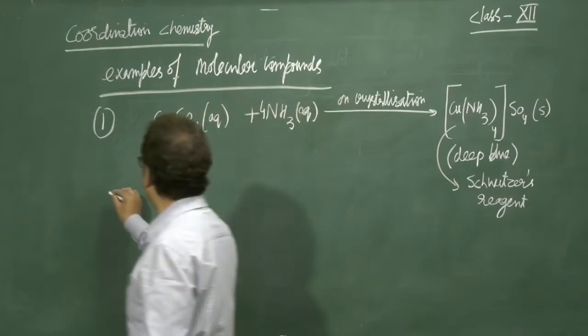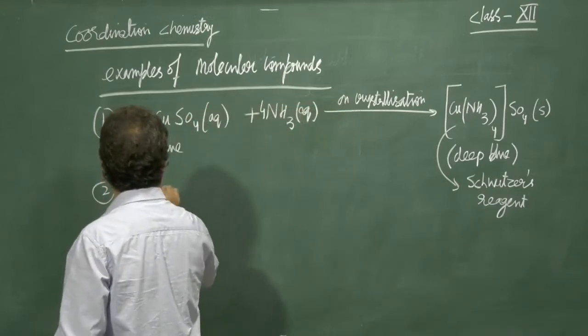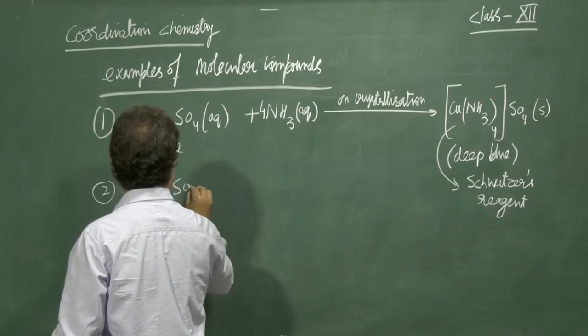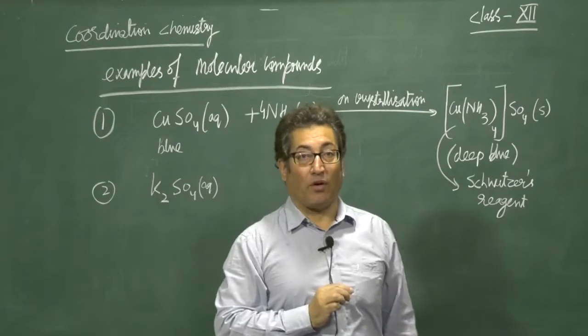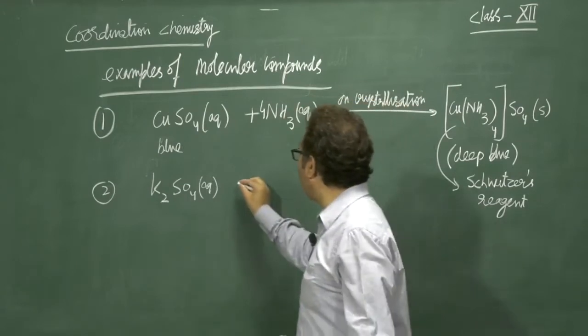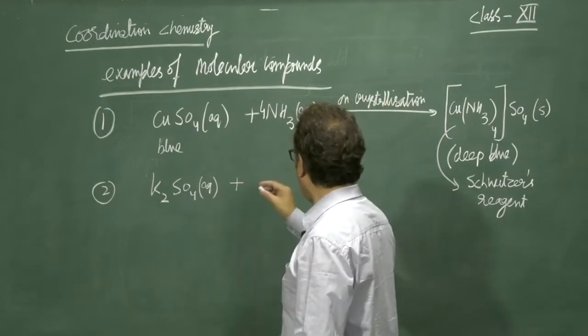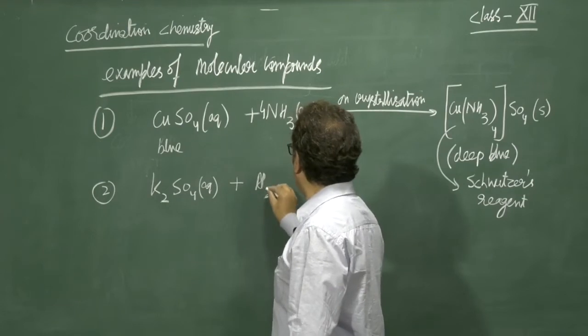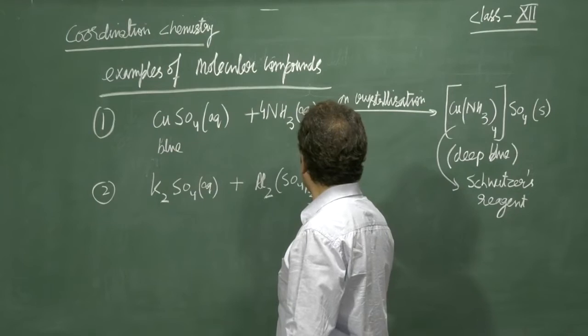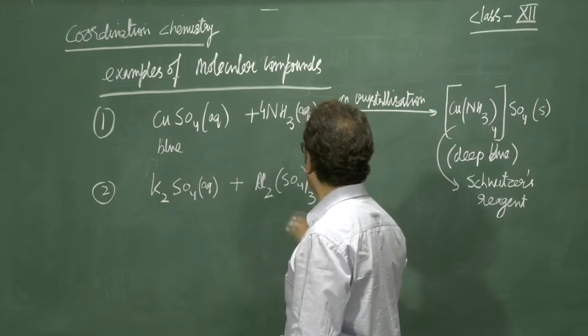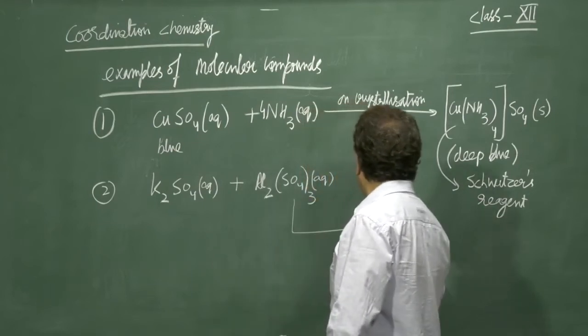Another example is if we take an aqueous solution of potassium sulfate, which you know is a salt. To this, you mix another salt solution, which is aluminium sulfate, an aqueous solution of both, and then you crystallize this.